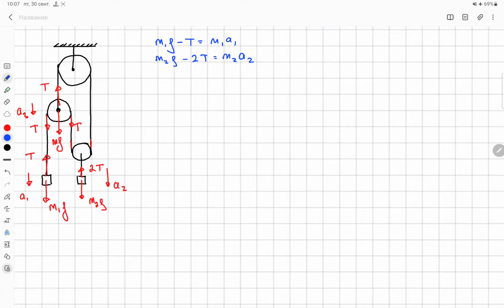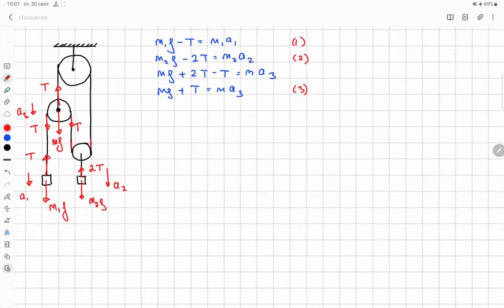For the movable pulley, mg plus 2T downward minus T upward equals ma3. So basically mg plus T equals ma3. So we have three equations. This is the third one.